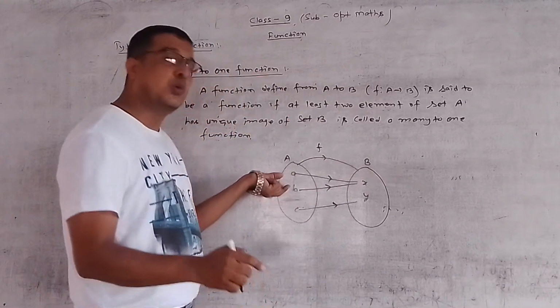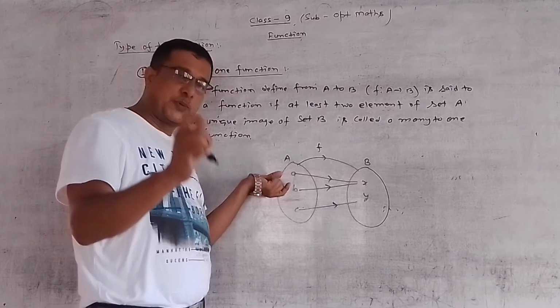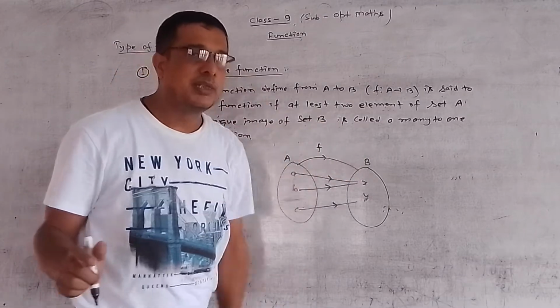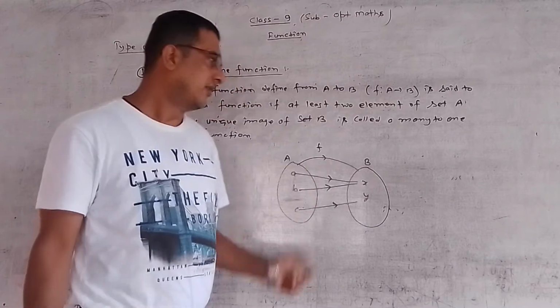Having at least two elements mapping to one element of set B is a many-to-one function.